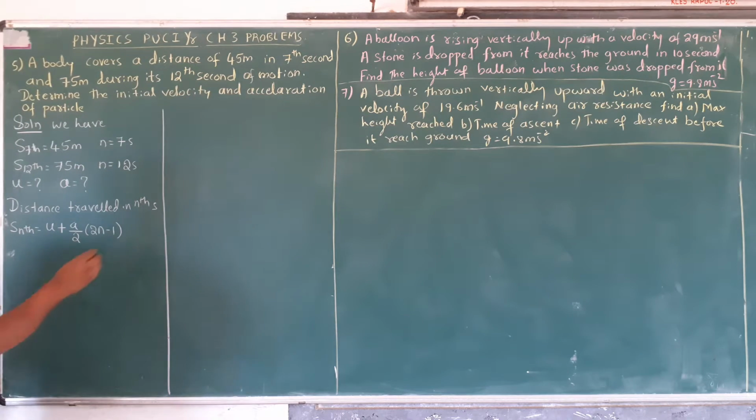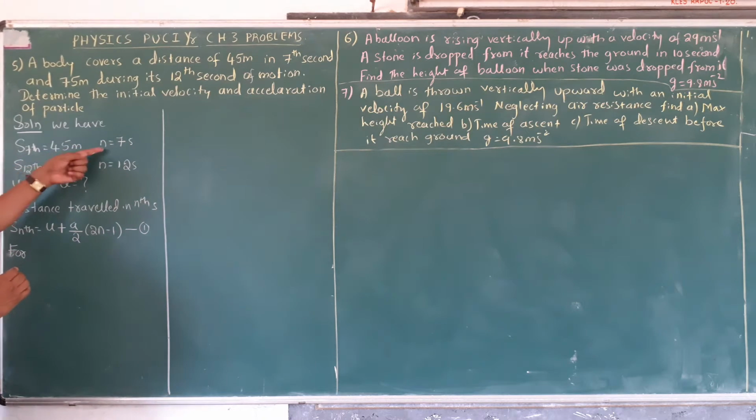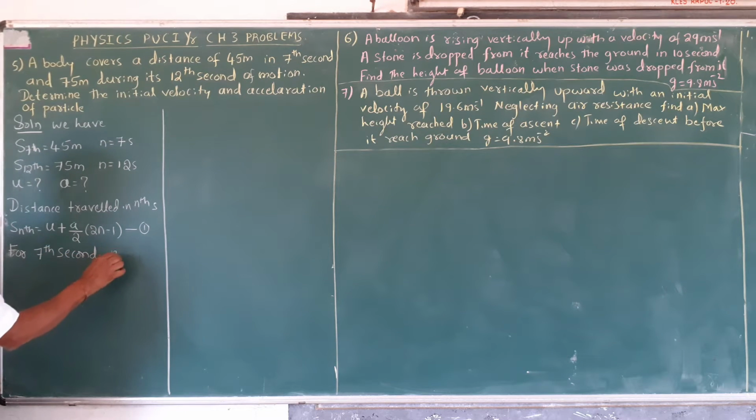This is called equation 1. And the first one is for the 7th second. For the 7th second, n is equal to 7. That is S7 is equal to u plus a by 2 into 7 minus 1.